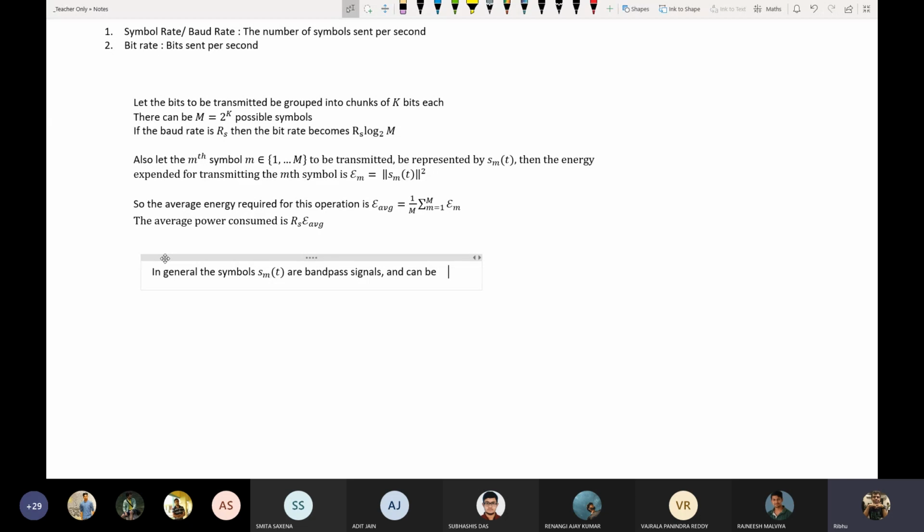can be modulated either linearly or non-linearly.